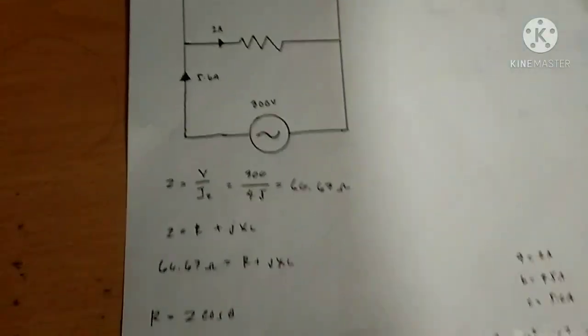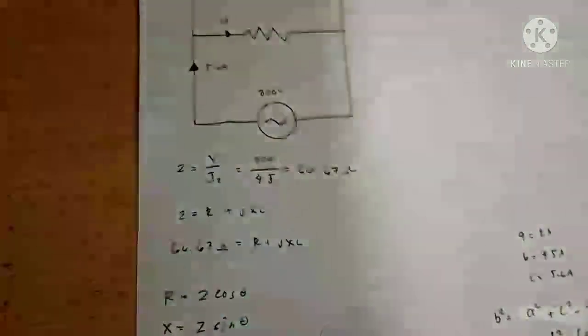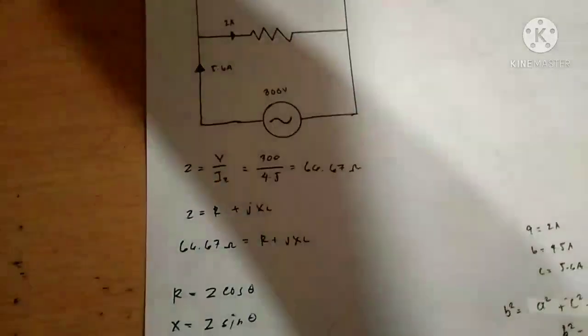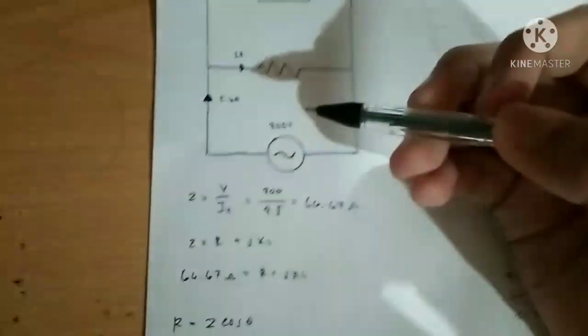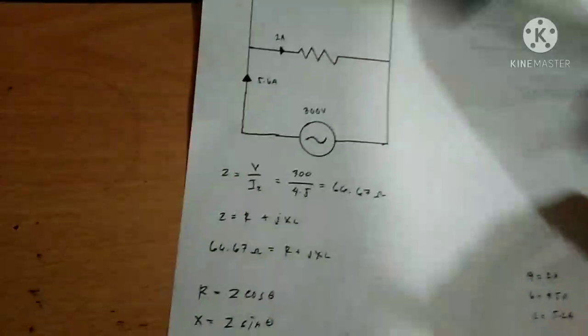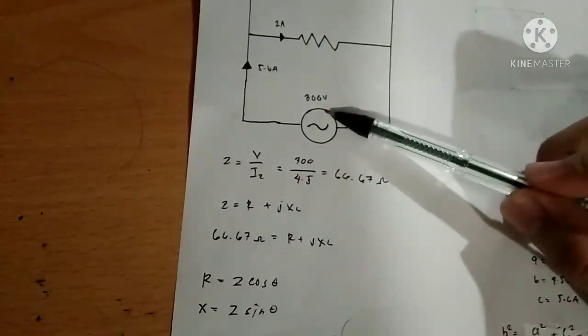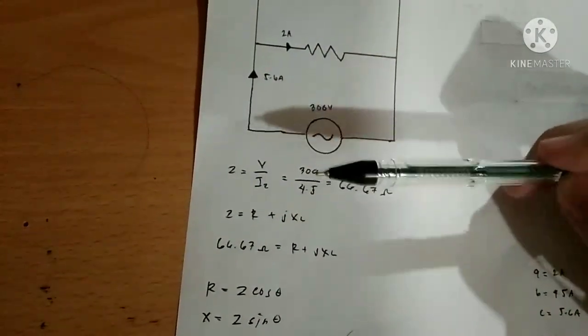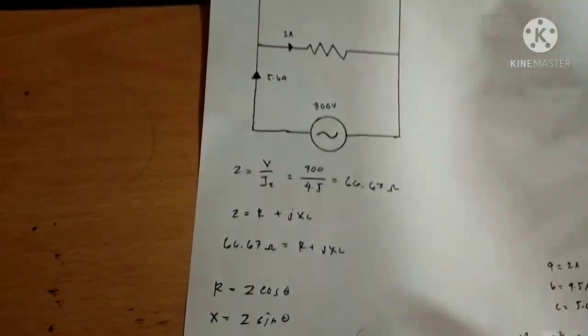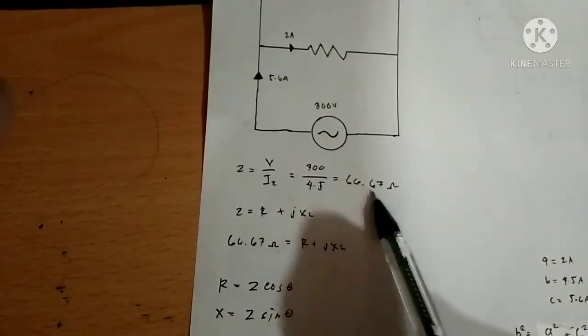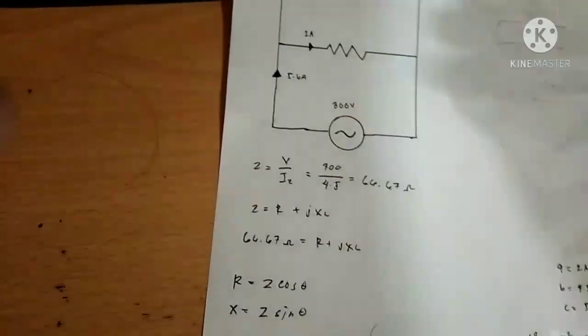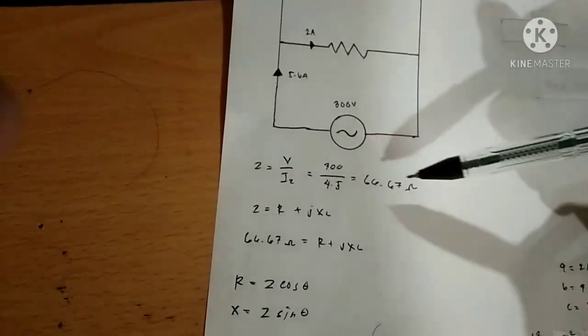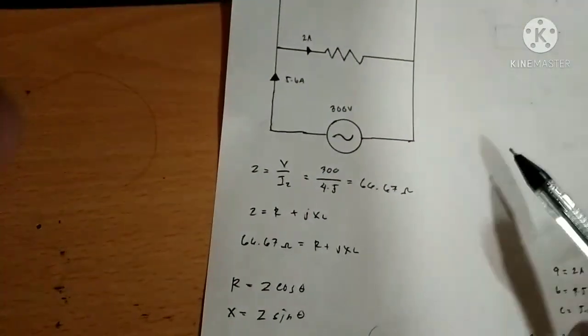So the first thing we have to do is solve for the impedance, which is V over I2. Our V total is 300 and our I2 is the 4.5. We just use that 4.5. So that is equivalent to 66.67 ohms.